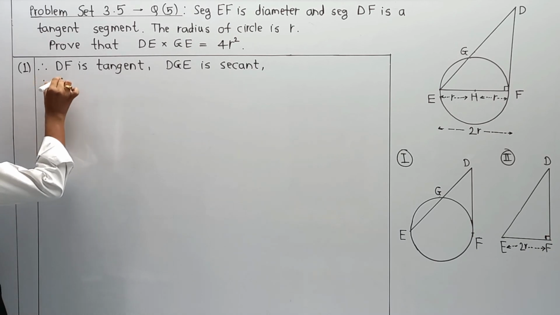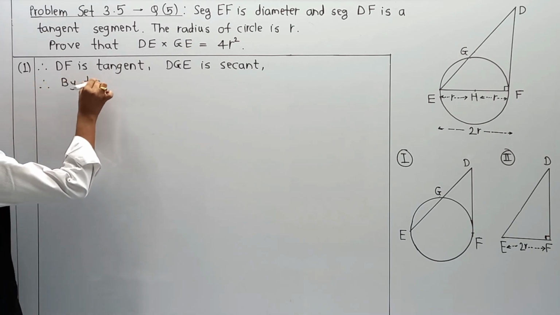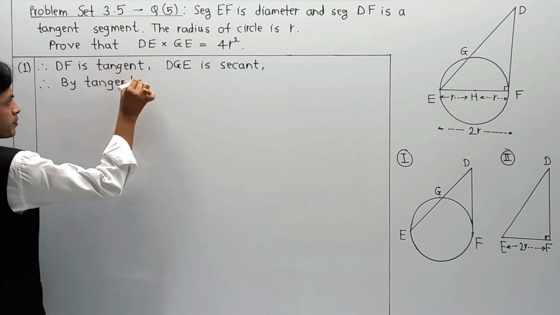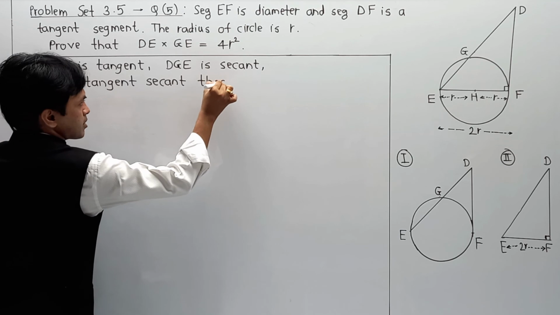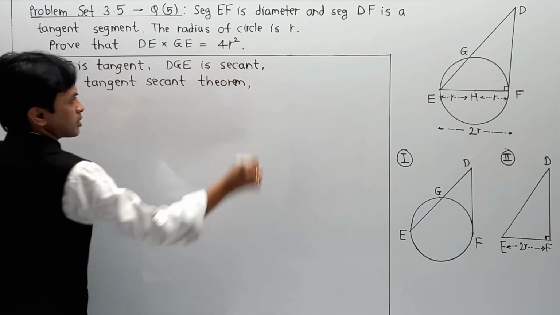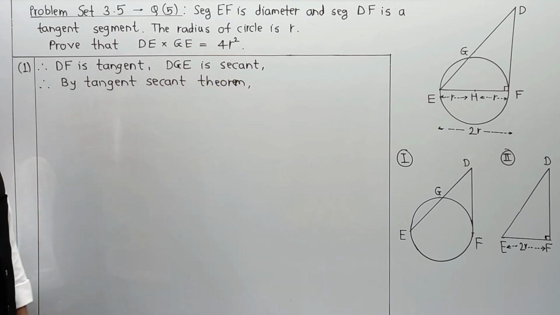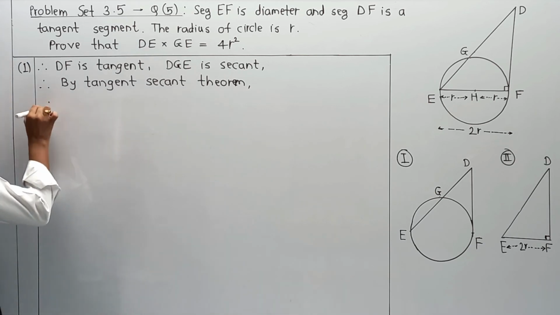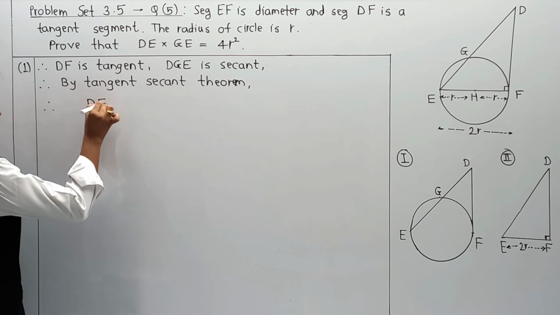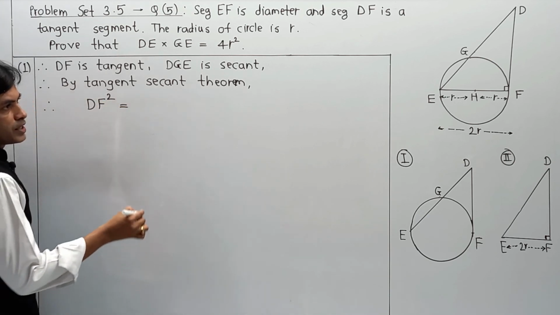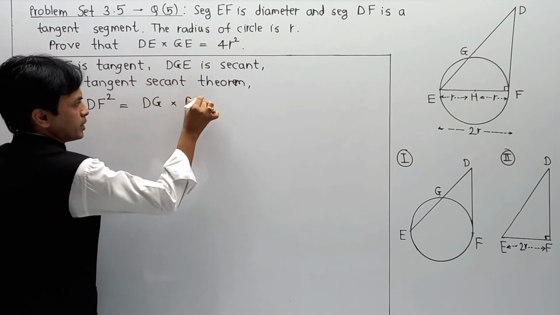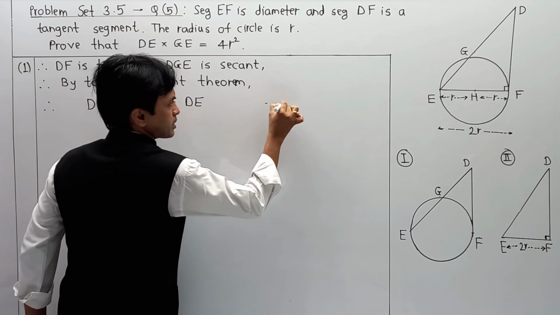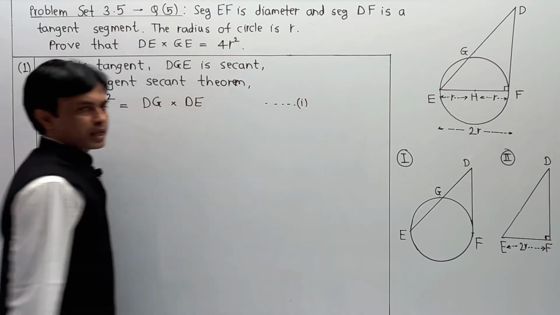Therefore, by the tangent secant theorem, we have DF square is equal to DG into DE. I want to give it as equation number 1 over here.